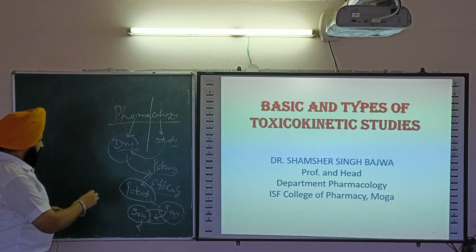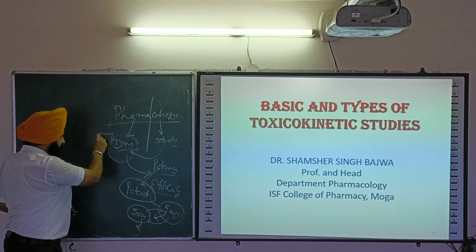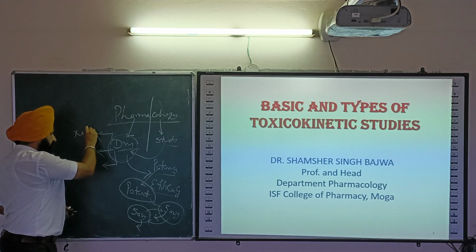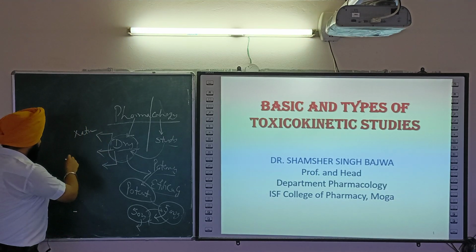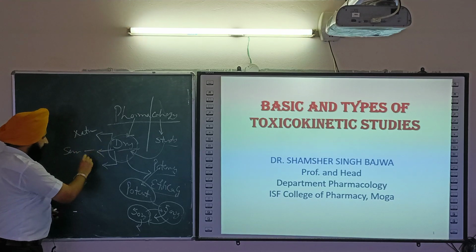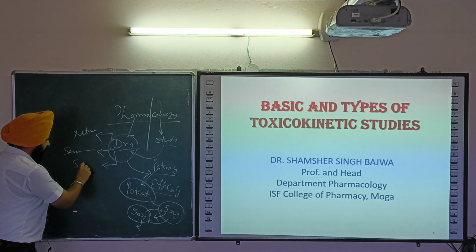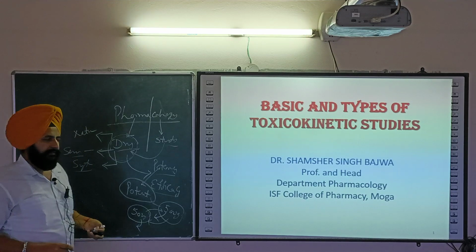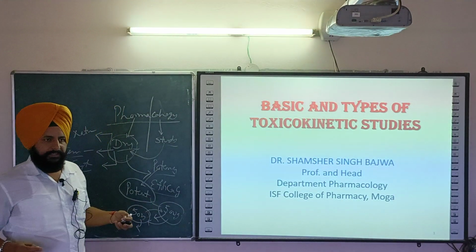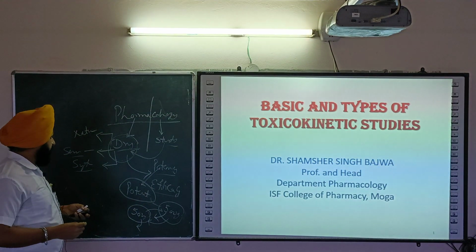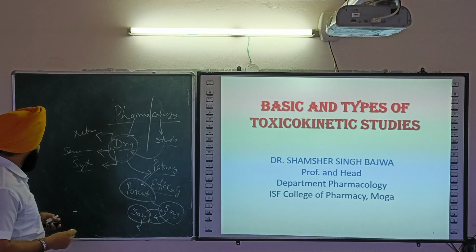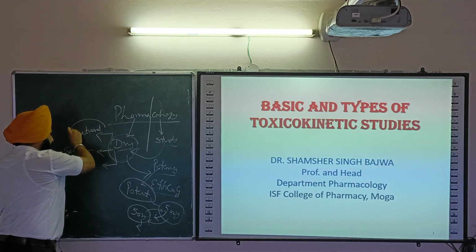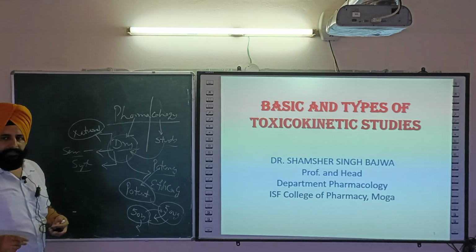Now see, drugs can be of three types. Drugs are of natural origin, semi-synthetic origin, and synthetic origin. So it is very clear that we always deal with drugs from these three sources. Natural means by nature, that means from the plants.